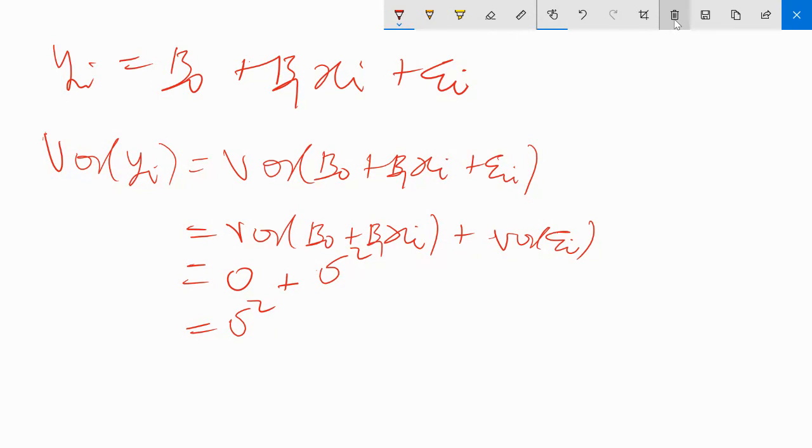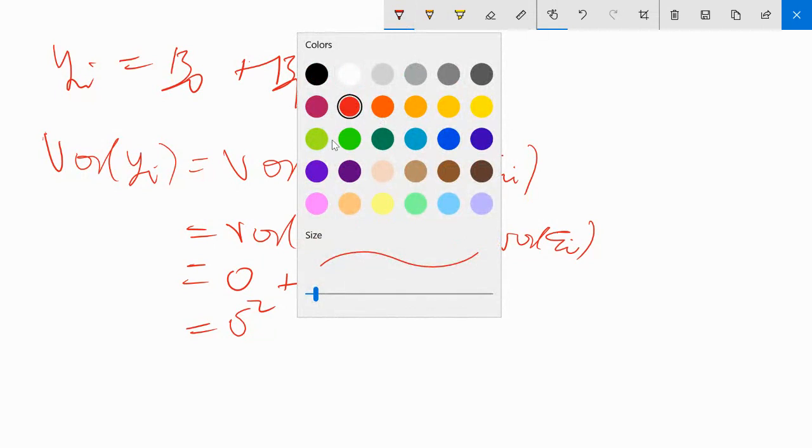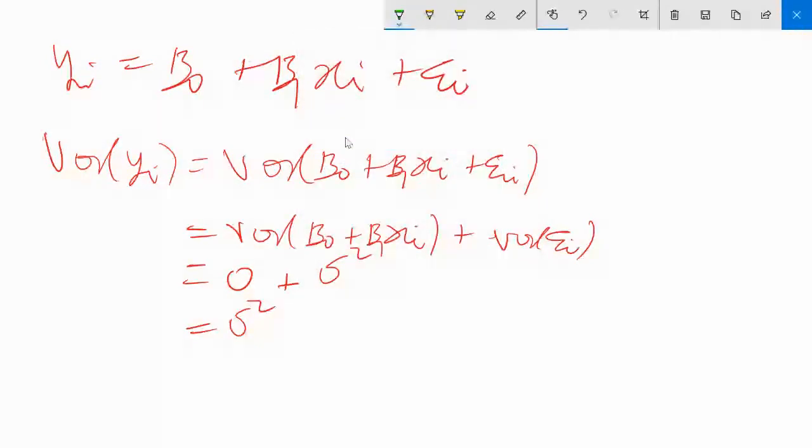So now we know that the mean of the response variable yi is equal to beta 0 + beta 1 xi, and that the variance of the response variable yi is equal to sigma squared. Again, we know that ei, which is this term, is normally distributed.